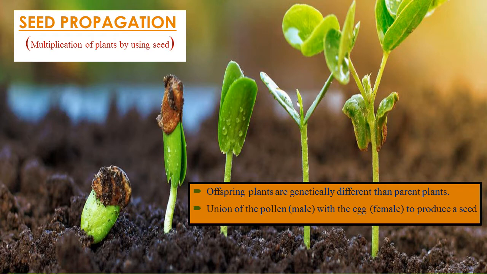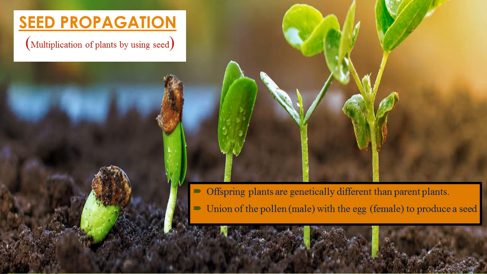Offspring is genetically different from both of their parents. You have already studied Mendel's law of segregation, and there are a lot of examples, like red and pink flowers, red and white flowers. So variation is developed by this method.